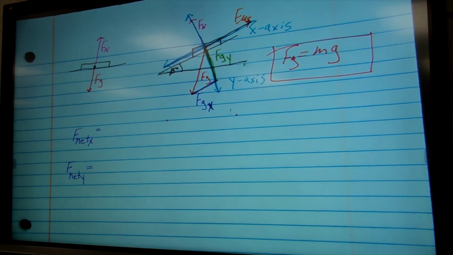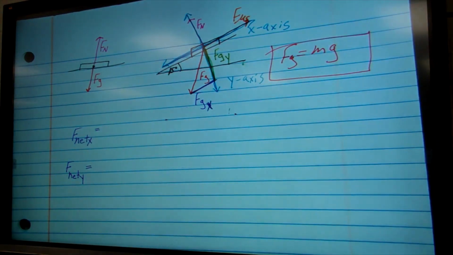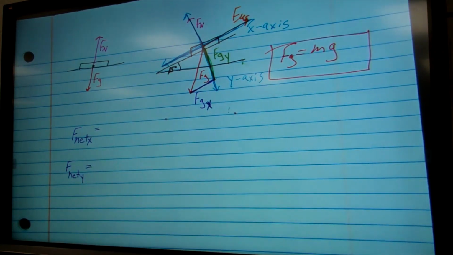So in this, let's say I want to hang a sign. If I have all these different cables pulling on it, I look at how much force all of them are pulling with. I find what the net force is, because these are the components. I use the components to find out what the net force is.